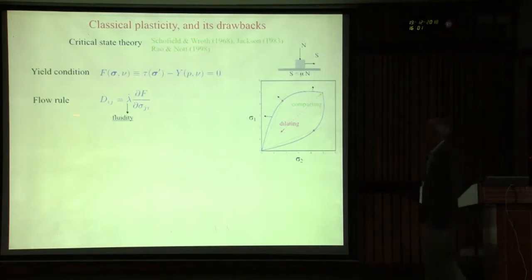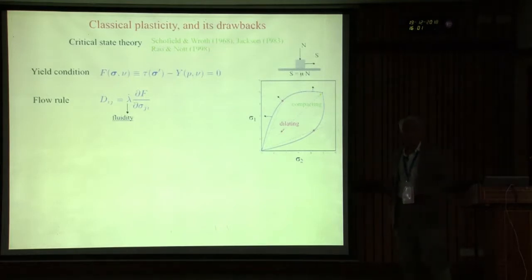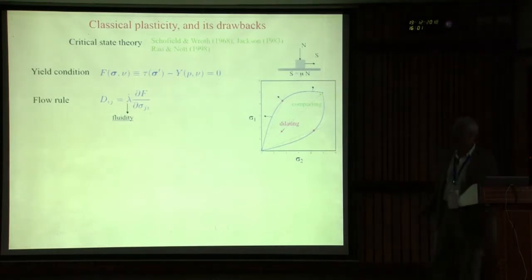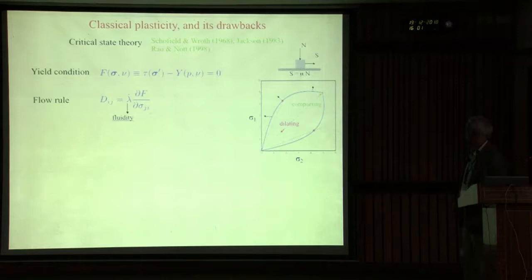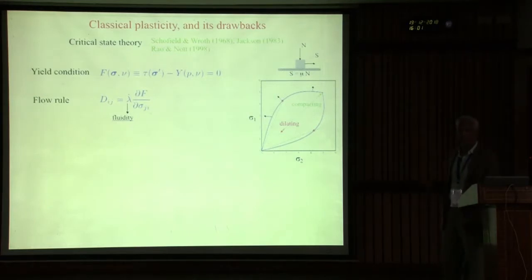Now, this factor is called the fluidity, which determines how well a material deforms when you get past the yield stress. This is just the representation of the yield condition in principal stress space, and since it is a scalar relation, all the quantities that appear have to be scalar invariants of the stress tensor.